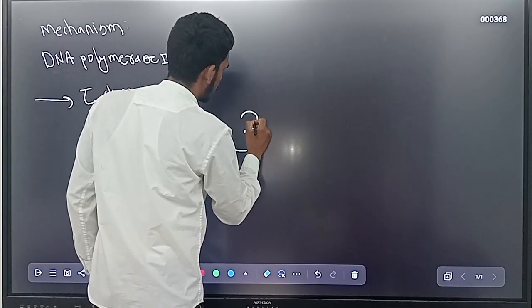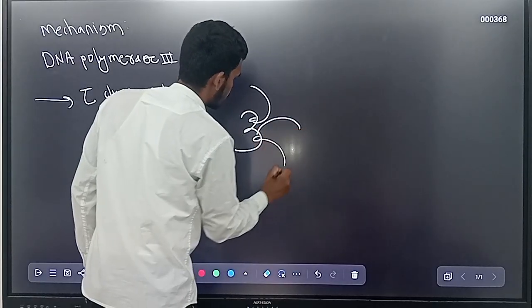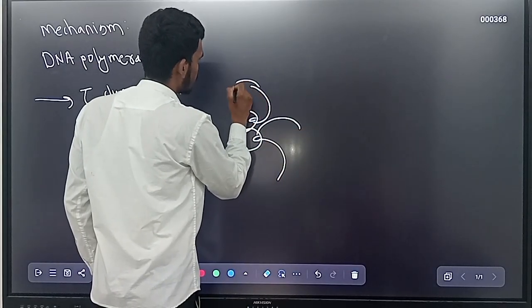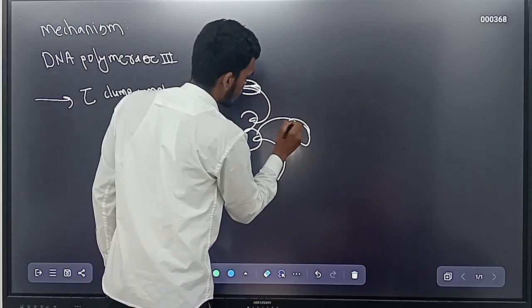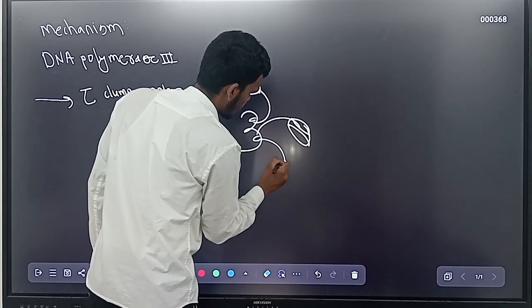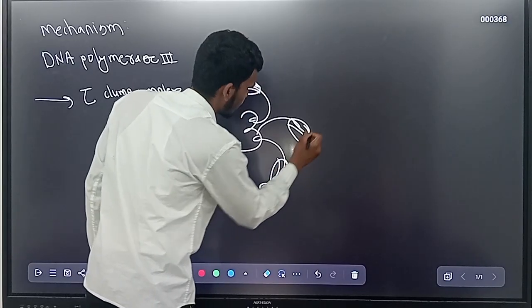So then what is the mechanism? I will explain you the mechanism now. So DNA polymerase 3.